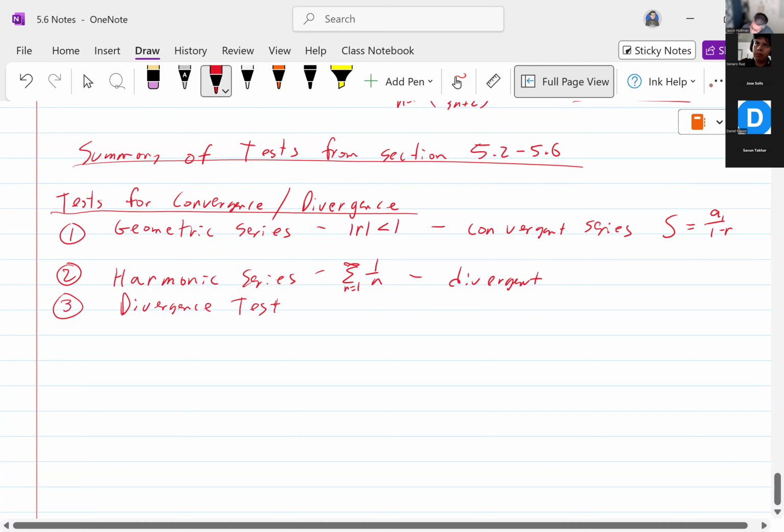If we get the summation n equals 1 of 1 over n to the p, let's say p is greater than 1, then it's convergent. Otherwise, p less than or equal to 1, divergent.